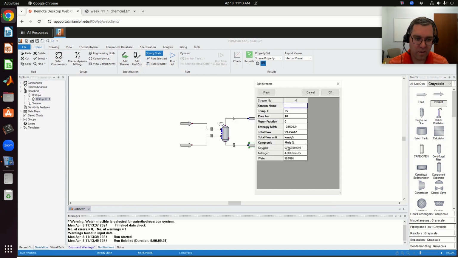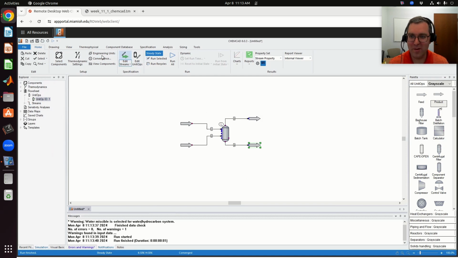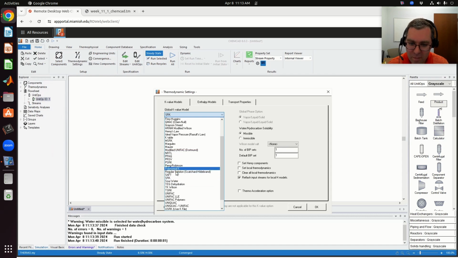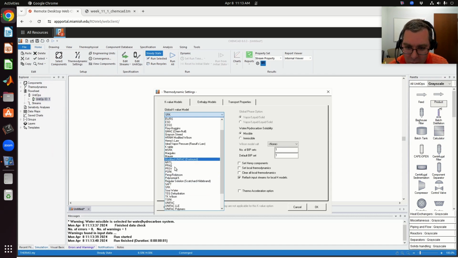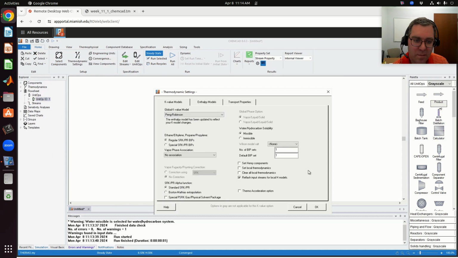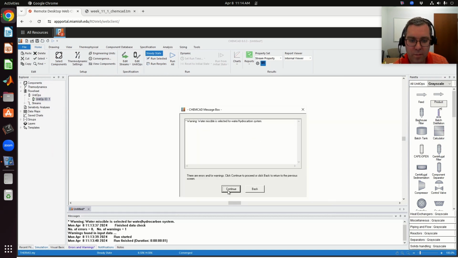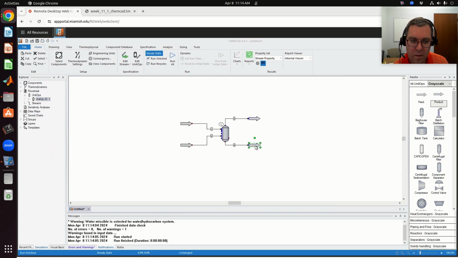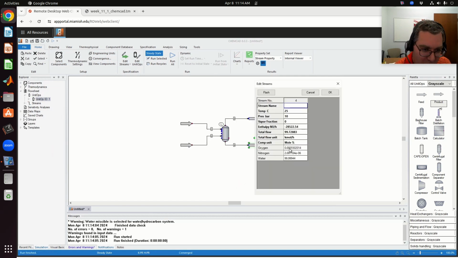If I run it, it's actually a lot smaller. So the mole percent is a whole lot smaller. And then if I were to change it to Peng-Robinson, even smaller.